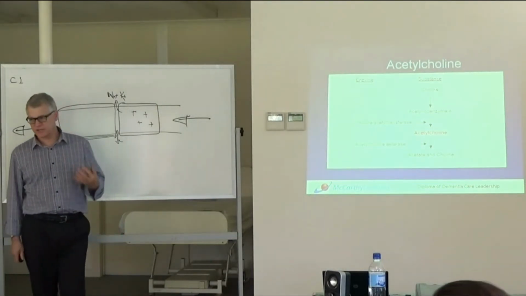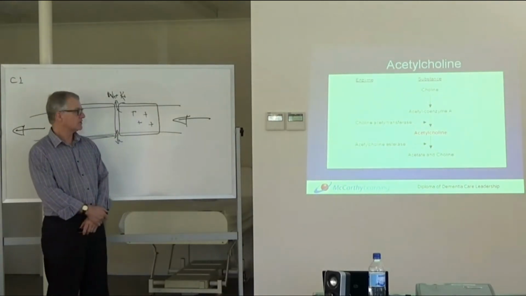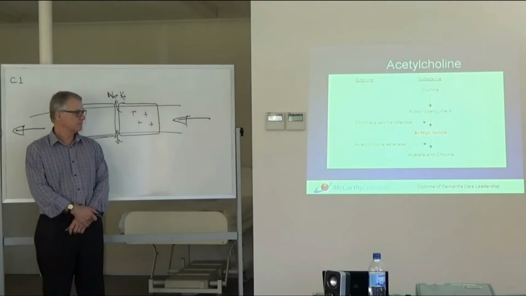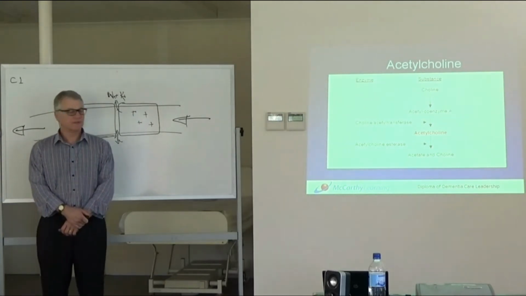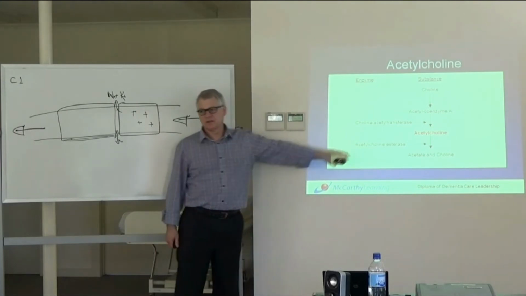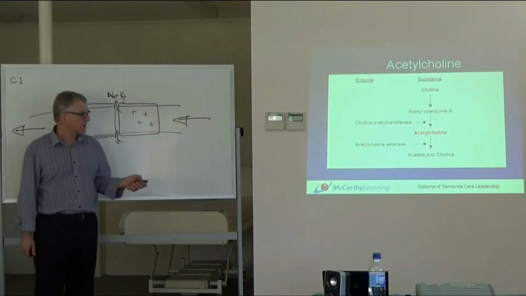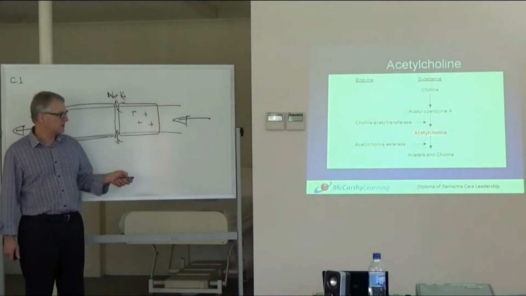And that's the process that we want to inhibit so that we keep more acetylcholine available. Sometimes they're called acetylcholinesterase inhibitors, and that's what they're designed to do: inhibit that process that changes this into something else.